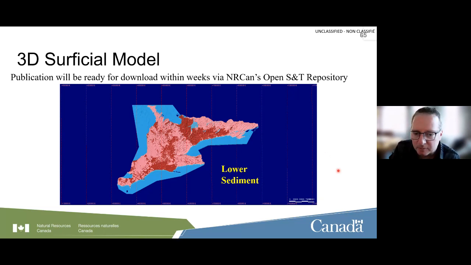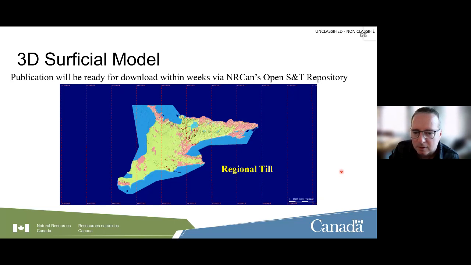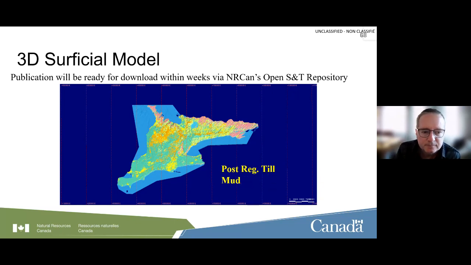This is lower sediment, regional till, glaciofluvial sediment, and what we call post-regional till mud. There are currently no plans to develop a hydrostat version, but this may change, one never knows.